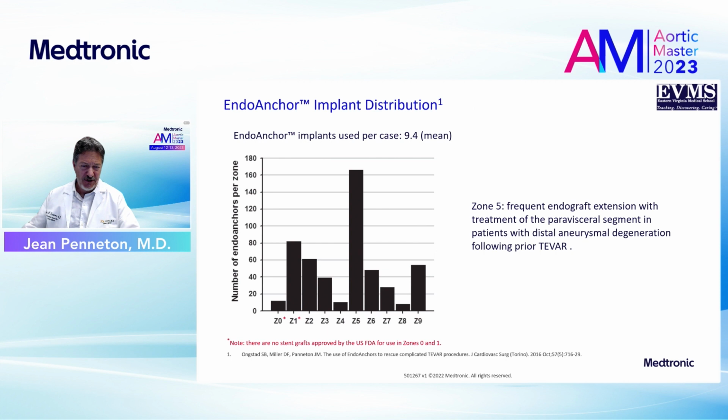This is basically the distal thoracic aorta right above the celiac artery. But specifically looking at the arch, for zones 0, 1, 2, and 3, there's a fair number of patients. It's actually also a very common place for us to place EndoAnchors because we believe the aortic arch is such a hostile environment for an endograft to stay in position for a long period of time.